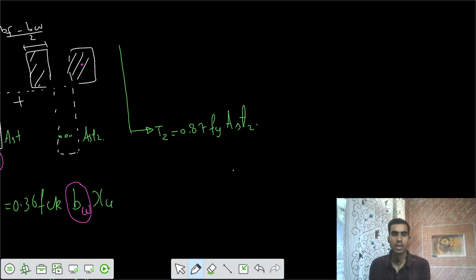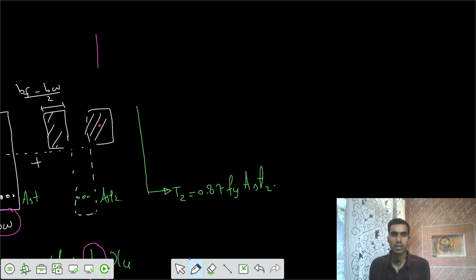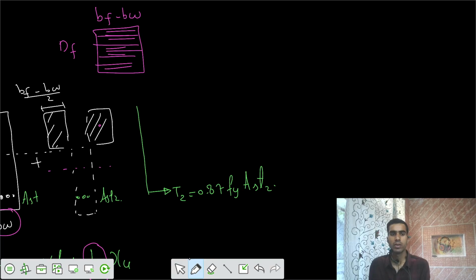This is the total area of BF minus BW, with some depth of DF. This is the entire area of that concrete on the compression side, and the neutral axis is somewhere here.